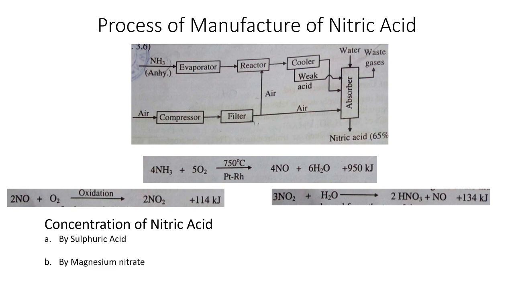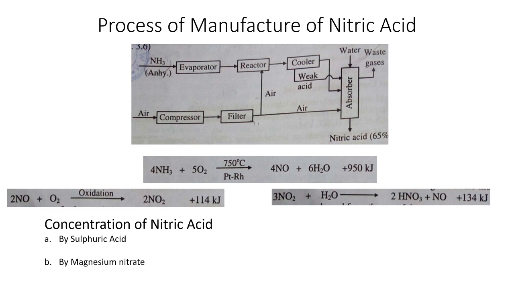Then there is another method by which you can concentrate the nitric acid, that is magnesium nitrate. In this process, magnesium nitrate, 70 to 75%, is fed to a dehydrating tray tower along with 65% nitric acid from the absorption tower. Means here the diluted nitric acid is 65% concentrated, and magnesium nitrate solution is fed to that dehydrating tower.